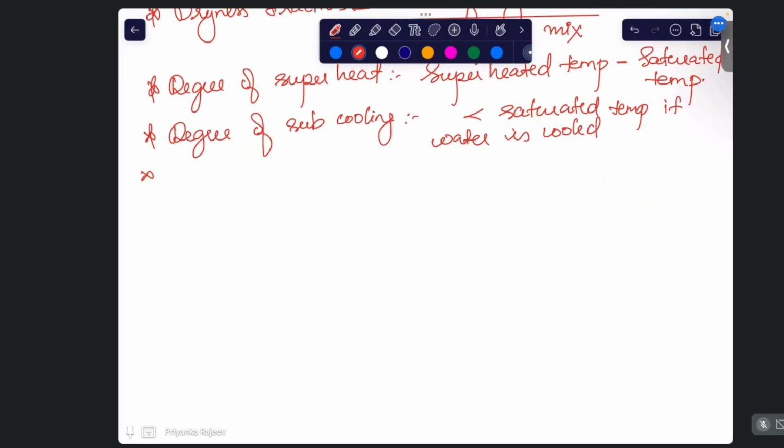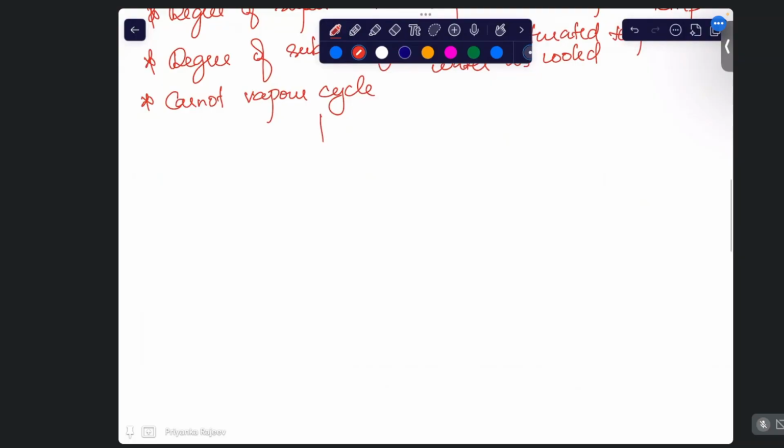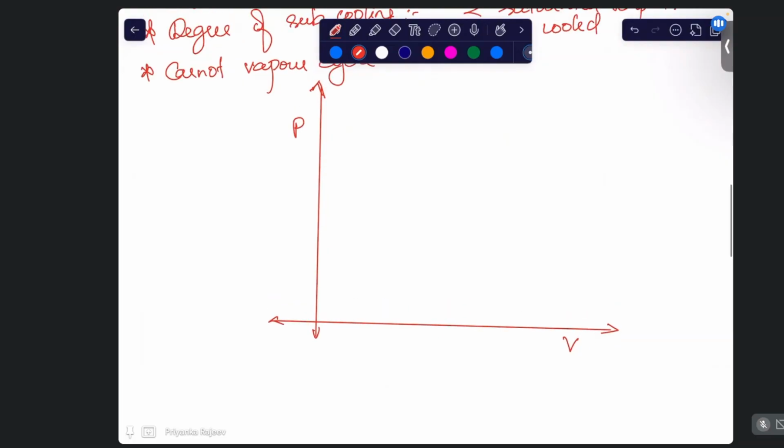Now Carnot vapor cycle. So this is pressure P and volume V. The Carnot vapor cycle will have two isotherms.